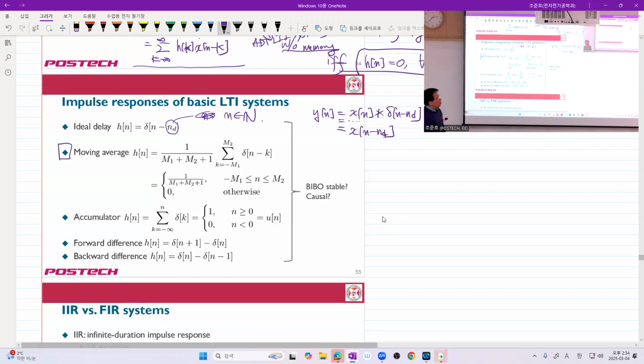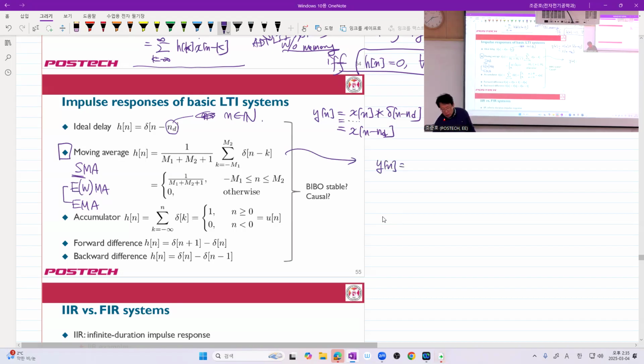What about moving average? This is sometimes called simple moving average because we may have exponentially weighted moving average, which some people call exponential moving average. Well, anyway, simple means constant weight. So the impulse response is given this way. And can you prove this?